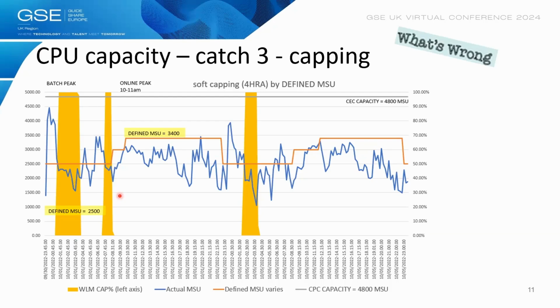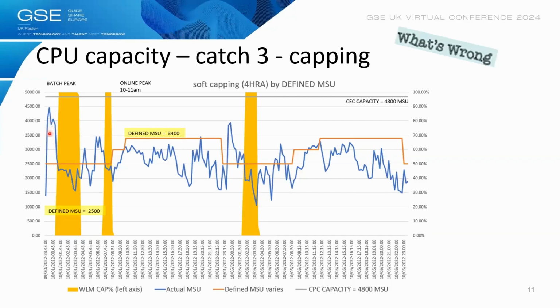So how does it work? It's a soft capping, so it was defined at 2,500, which is this red line here. But the actual MSU is this blue one. After midnight, we exceeded this MSU because this is soft capping, and we have eaten a lot of CPU here.